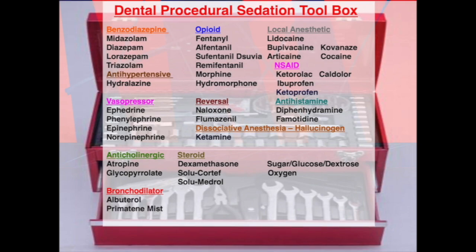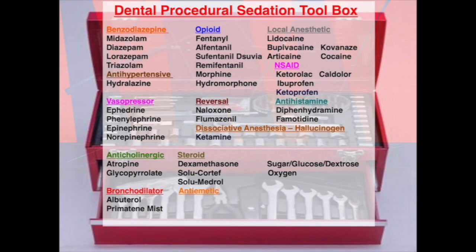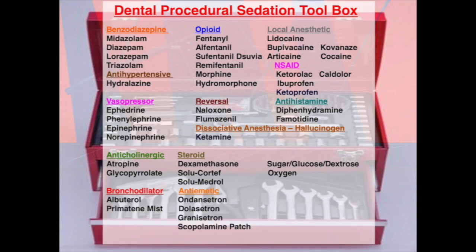There's albuterol and then Primatene Mist. Antiemetics, there's a bunch of different types, but we've got in our toolbox ondansetron, which is Zofran, dolasetron, granisetron, which are generic, but they're a little bit more expensive than the ondansetron, and then the scopolamine patch.